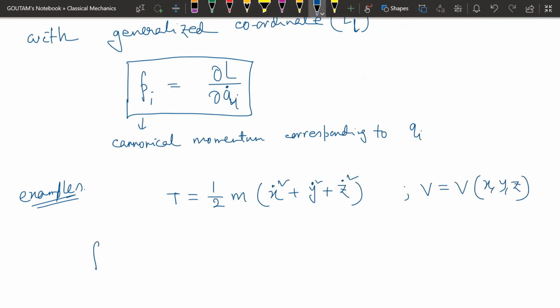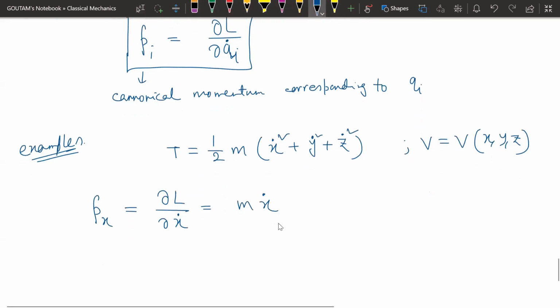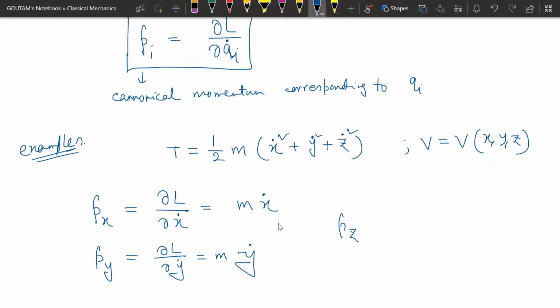In that case, the canonical momentum corresponding to the x coordinate will be Px equal to del L del x dot, which will be m x dot. Similarly, Py equals del L del y dot equals m y dot, and Pz will be del L del z dot equals m z dot.